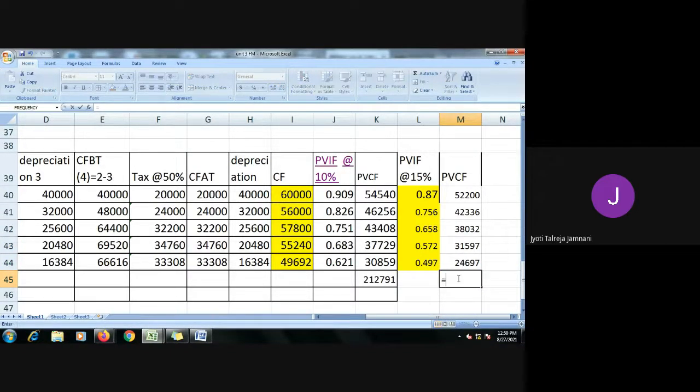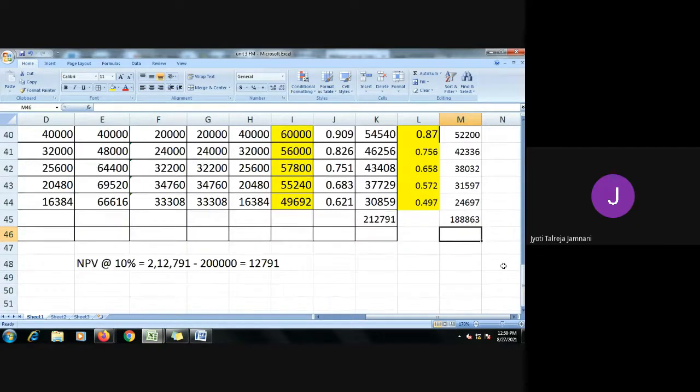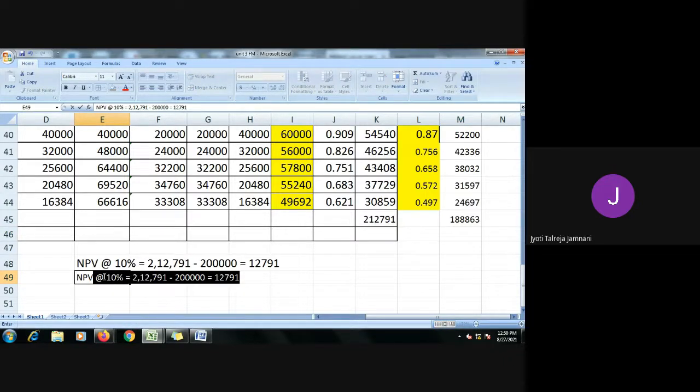Again, we have to total it to get the total present value of cash flows. So we get 1,88,863. Now we can find NPV at 15%, which is equal to 1,88,863 minus 2 lakh, which is equal to minus 11,137.